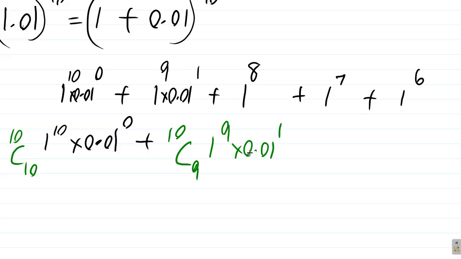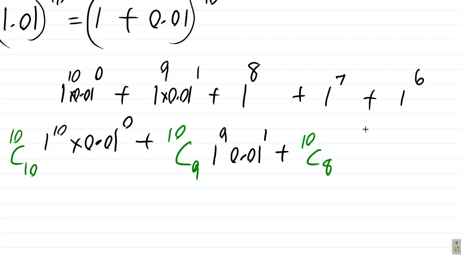Notice the powers of the 1 and the 0.01 always add up to 10. So what we have here is 1 to the 9, 0.01 to the 1, plus the coefficient here is 10C8, because we're going to have 1 to the 8, 0.01 to the 2.